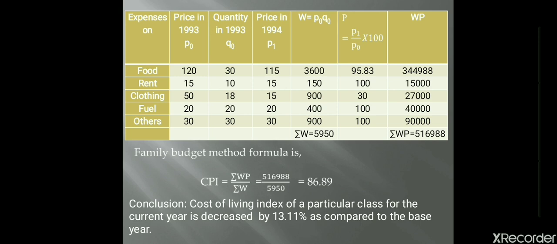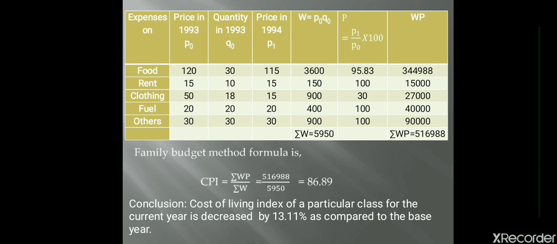Sum up all the values in this WP column and summation WP is equal to 516988. It is nothing but 5,16,988. Now substitute the values of summation WP as well as summation W in the given formula.